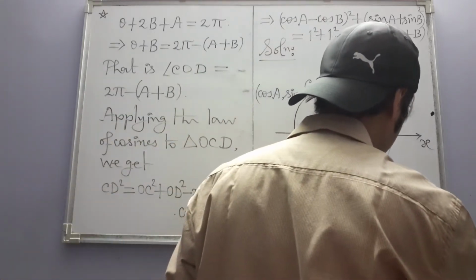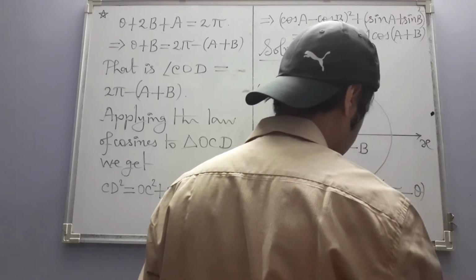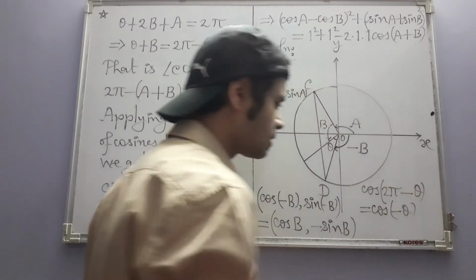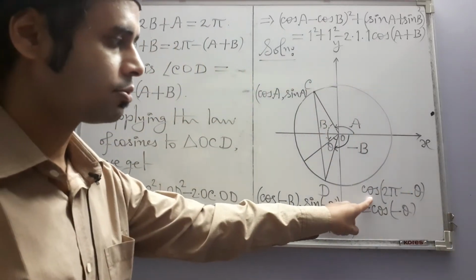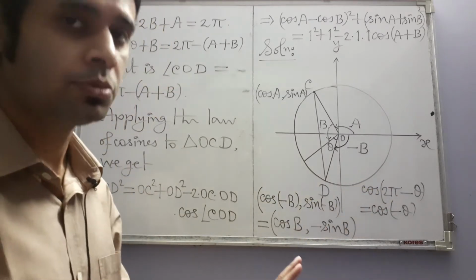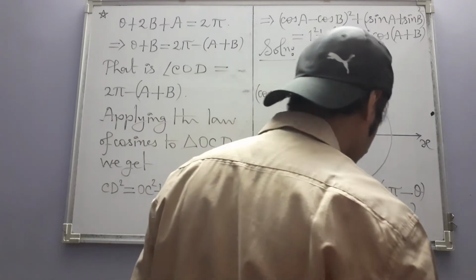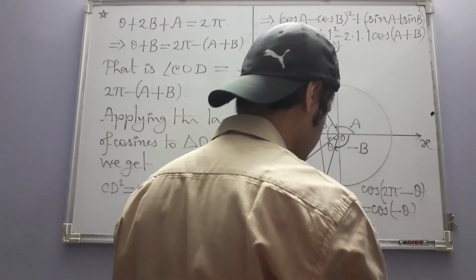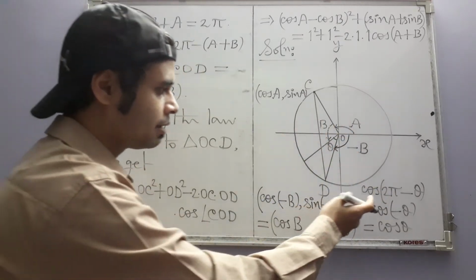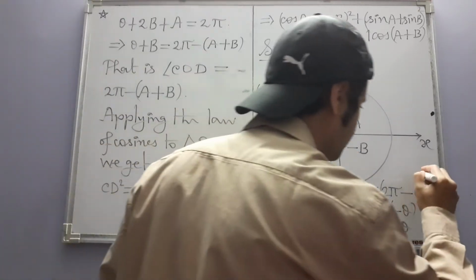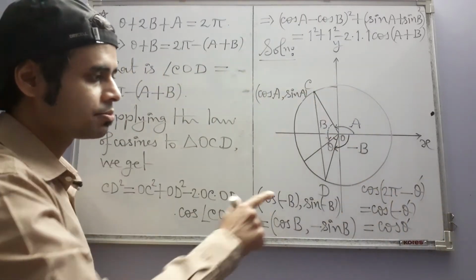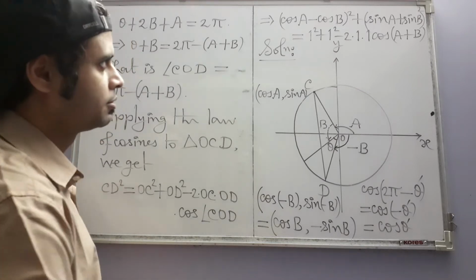So cos 2 pi minus theta is cos minus theta. This is coming from the periodicity of the cosine function and from the knowledge that its period is 2 pi. So that's why you get cos minus theta, which because of this is just cos theta. This theta may clash with that theta, but you understand this is some angle theta prime, say. Now think of a plus b in place of theta prime and you get this thing.